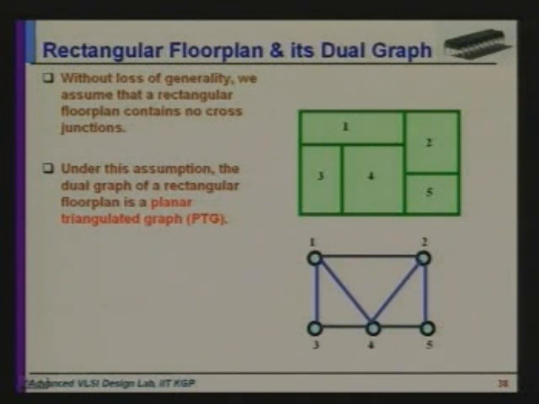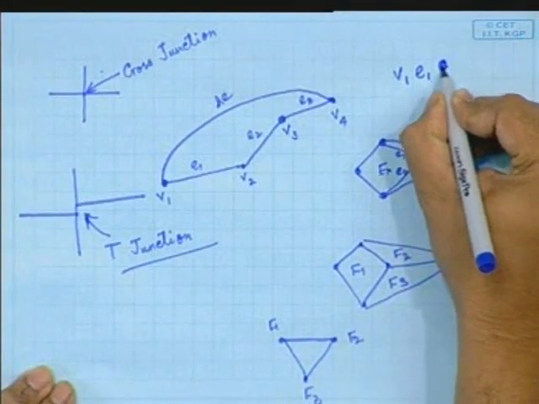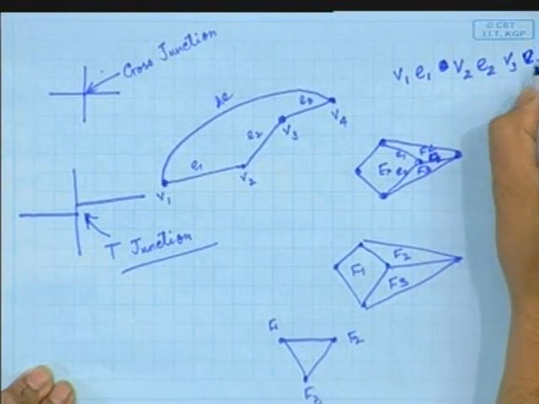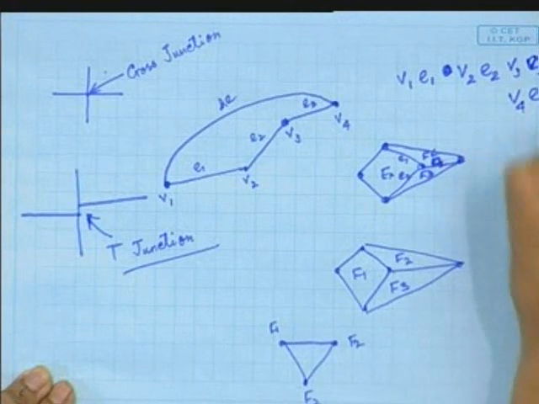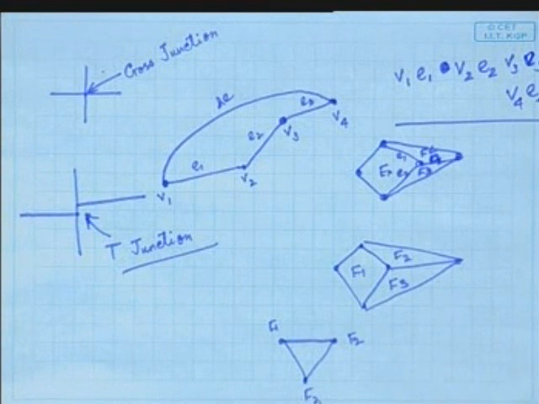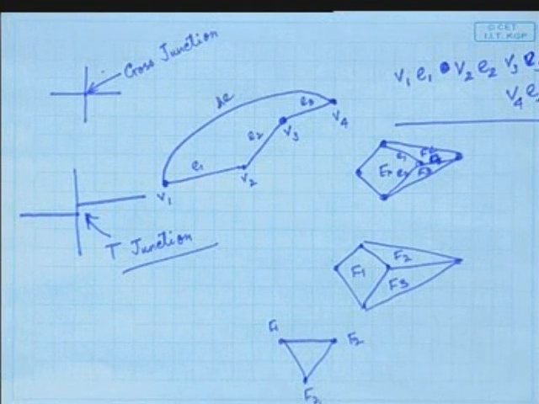If a graph has a cycle V1, E1, V2, E2, V3, E3, V4, say a cycle of length 4, in such a cycle, I will have a chord for each cycle of length greater than 3.